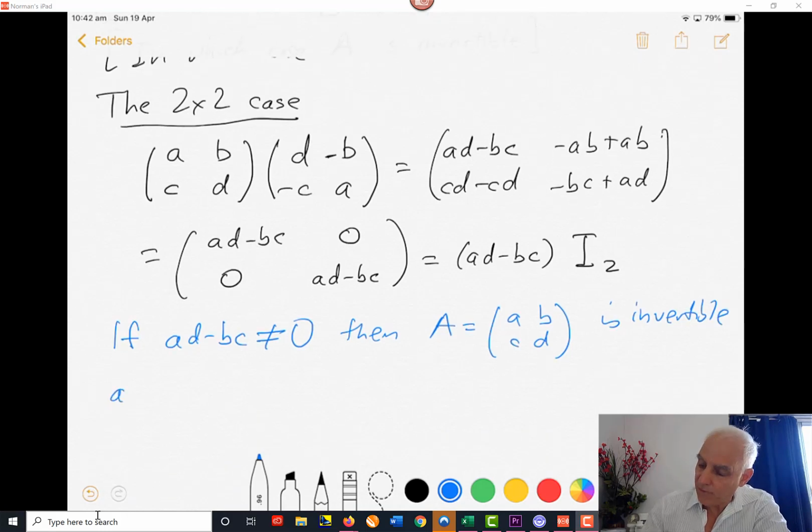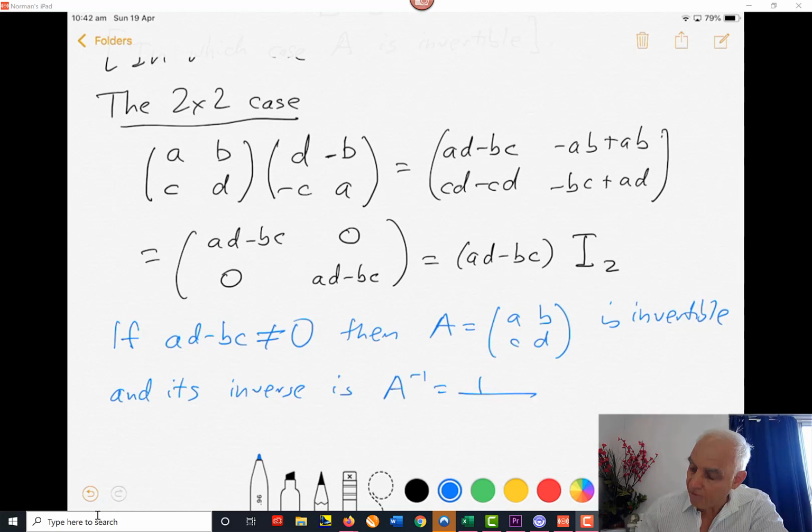And its inverse is A inverse equals, okay, we have to divide by this factor AD minus BC, and then we look at the matrix D, minus B, minus C, A.